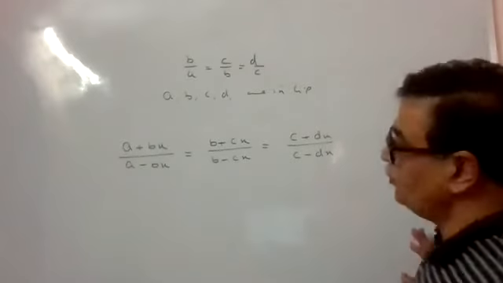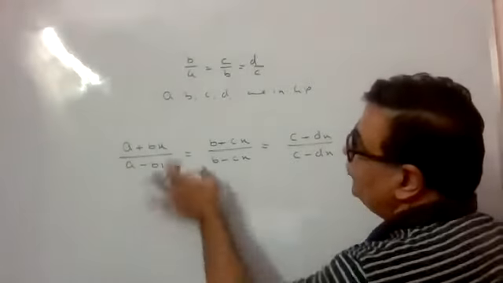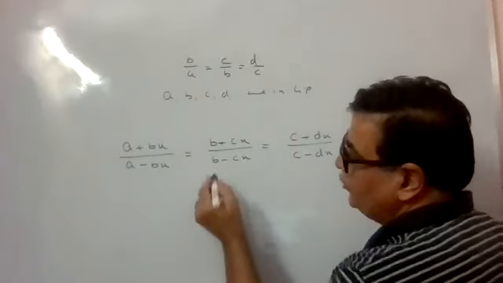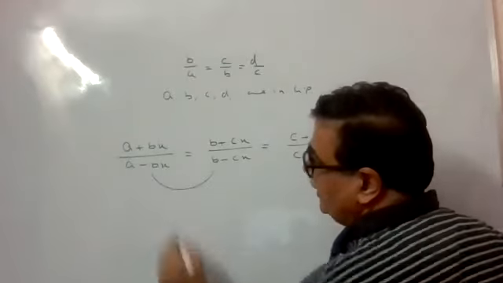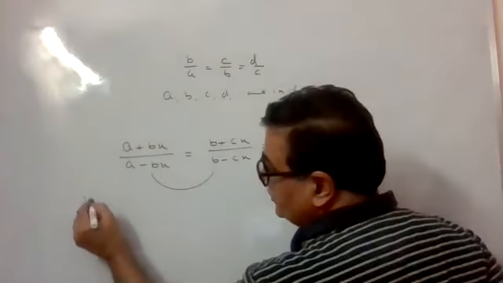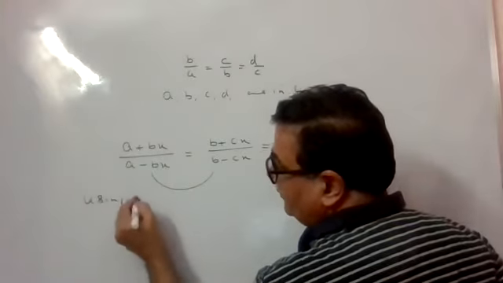Whenever this type of question is here, we want this result so that you can get by removing x, and that you can remove by taking these two and applying componendo and dividendo. So I'll use componendo and dividendo.